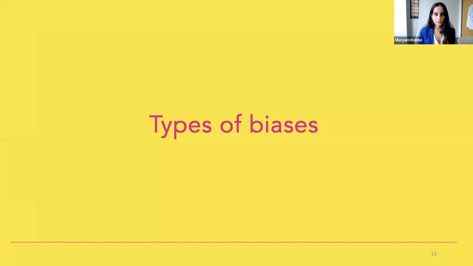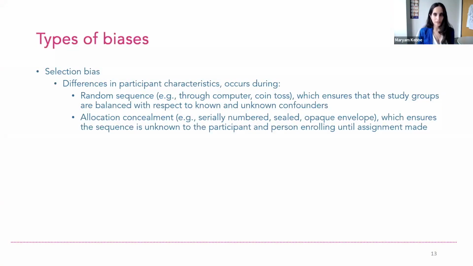Now, these same key features that I mentioned are what can protect from bias in an RCT design. So when you randomize your participants, you're actually protecting from selection bias, and you're ensuring that the group characteristics are balanced. And in an ideal world, they would be, but of course, you should always confirm at the results stage.